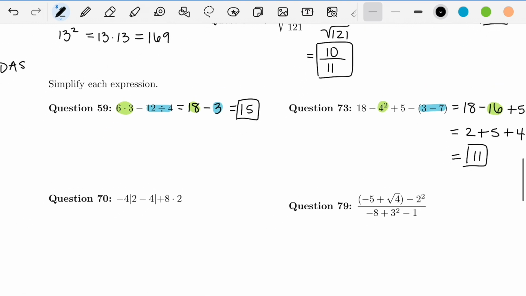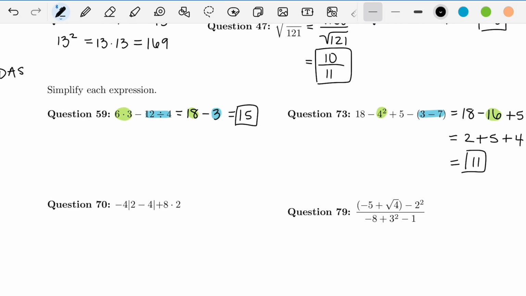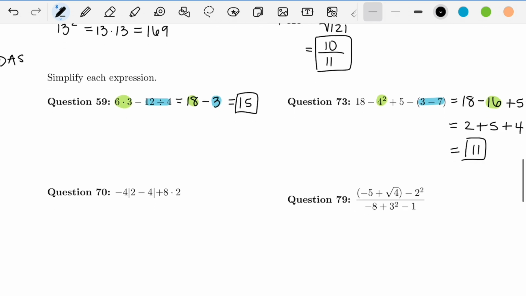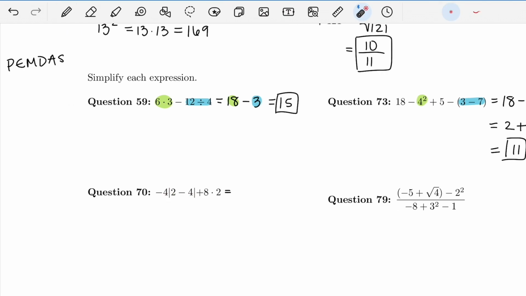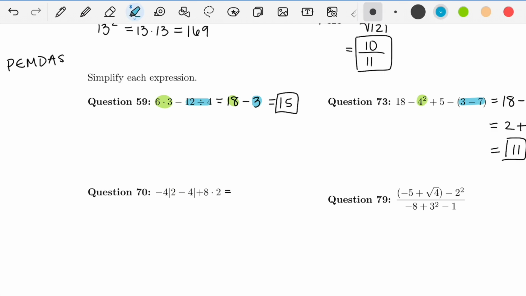All right, now let's do 70 and 79 here. Now in this case, we don't have any parentheses, but what we do have are these absolute value symbols here. Now we also are going to treat absolute value symbols as grouping symbols, so we do want to evaluate this before anything else. So first thing we're going to do is work with what's inside our absolute value.